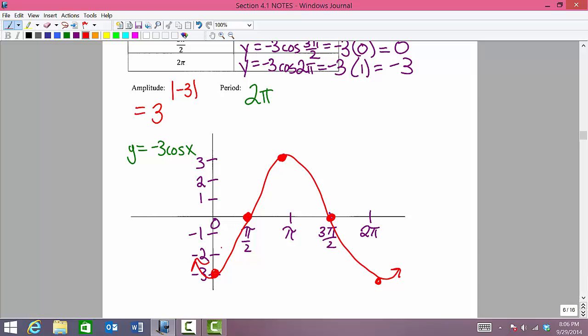So we see that the basic shape of our cosine function has been flipped upside down. When we flip that upside down, we start with a min, and then we get to the x-intercept, and then we achieve the max. Back down to the x-intercept, and then we achieve our minimum.